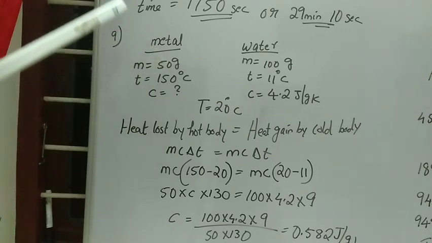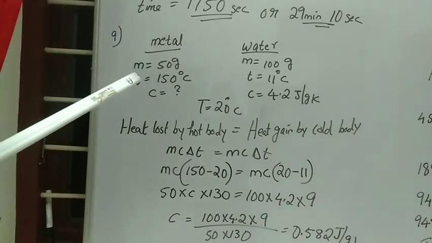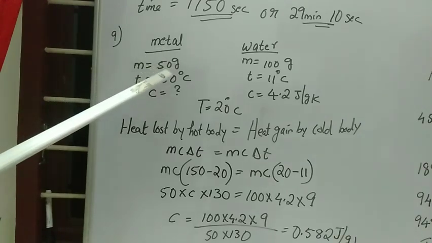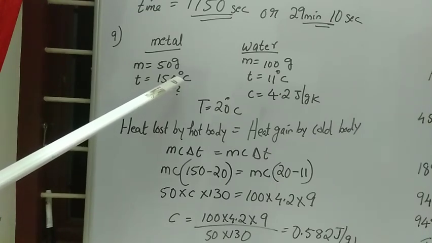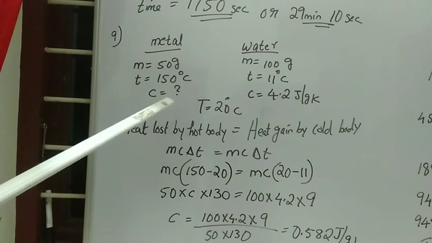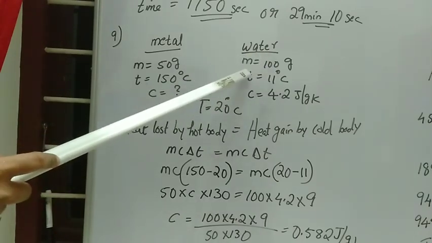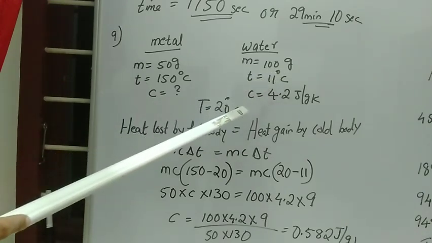So here, question number 9. A mass of 50 gram of certain metal. So I am taking here metal. Mass is given 50 gram at 150 degrees Celsius. So the metal is of high temperature. It is 150 degrees Celsius hot. Is immersed in 100 gram of water. So mass of water is 100 gram at 11 degrees Celsius.